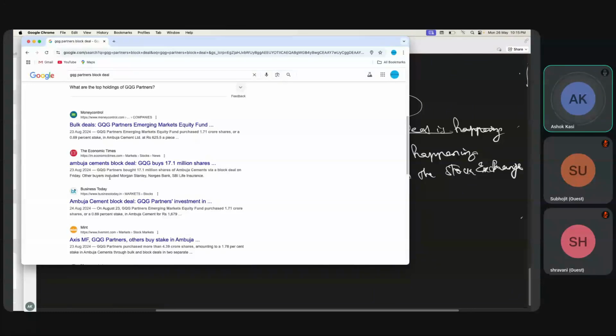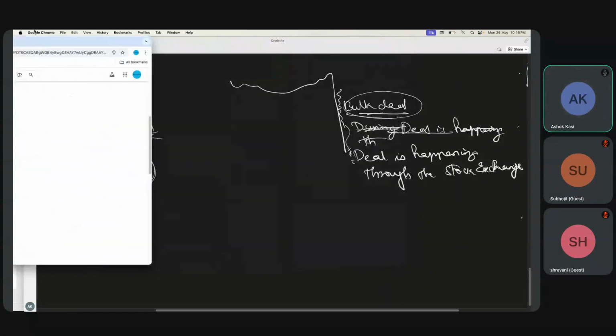Then some other buyers also. Ambuja Cement block deal GQG. Like this, you will get plenty of examples of private deals. This is happening privately from one big investor to another investor, or from the founder to other private equity investors. This is called a block deal.